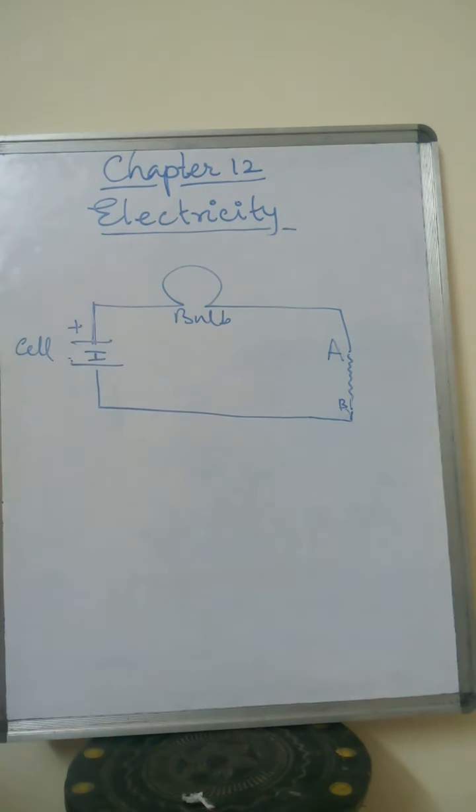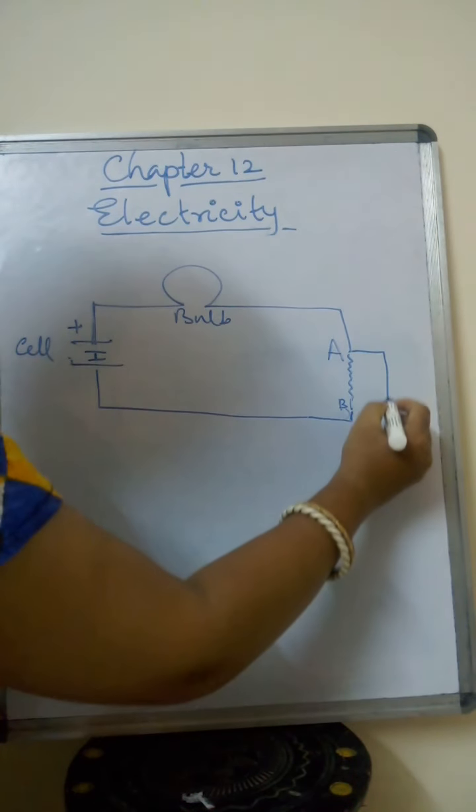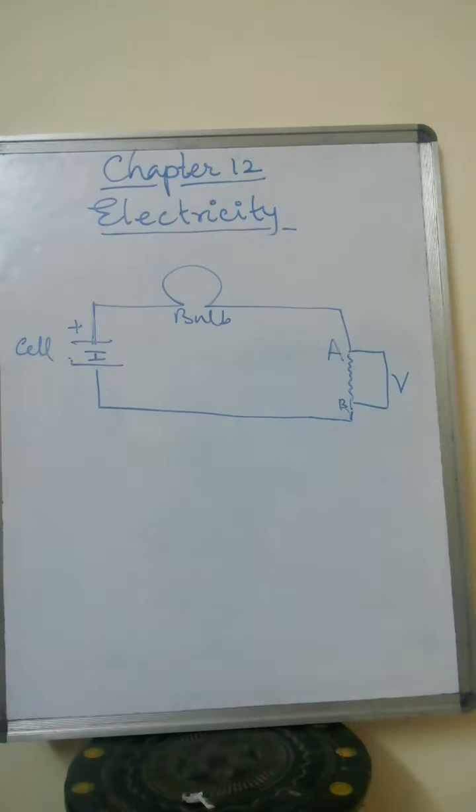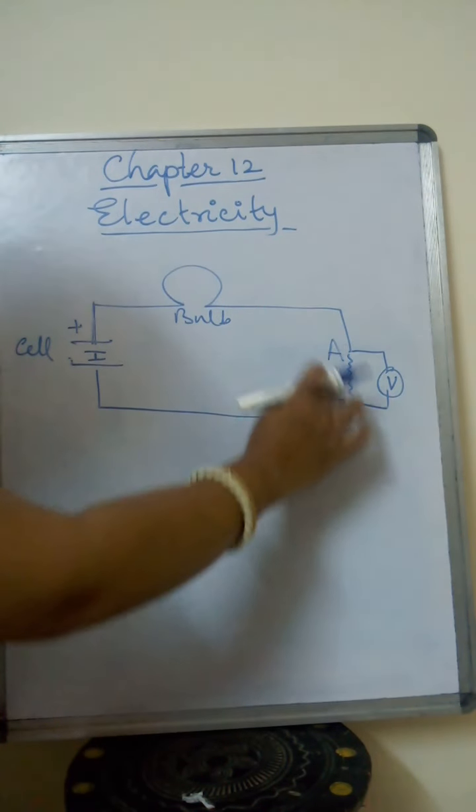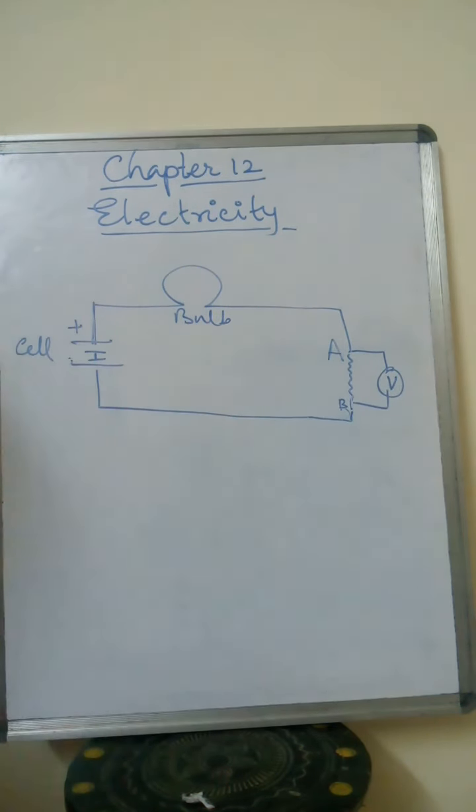As I said, a voltmeter should always be placed in parallel across the points. So my voltmeter will be here, parallel to the points.